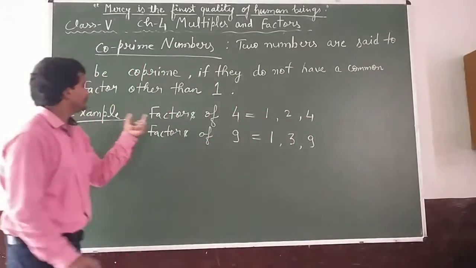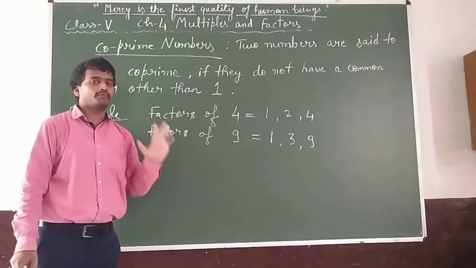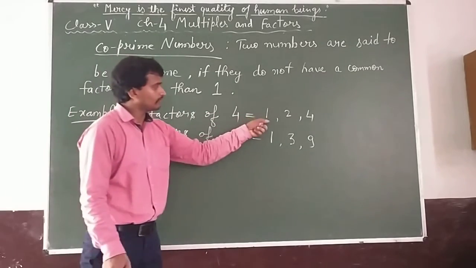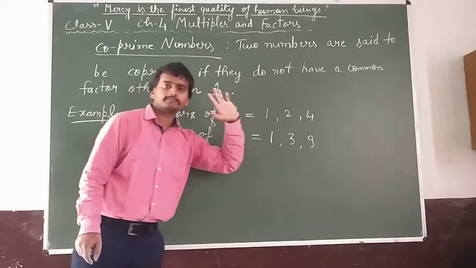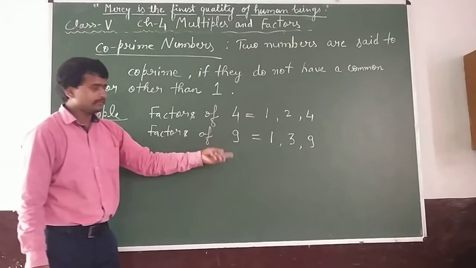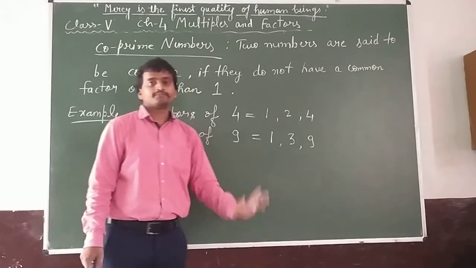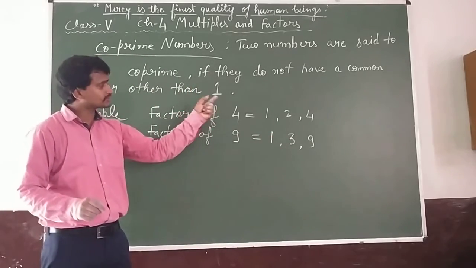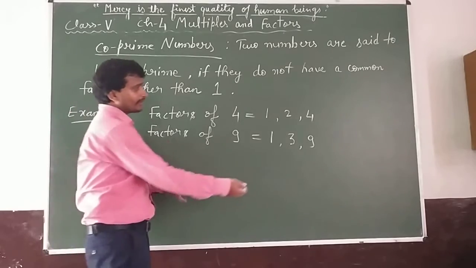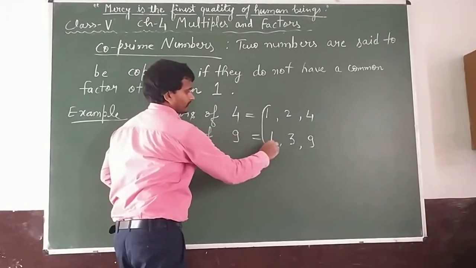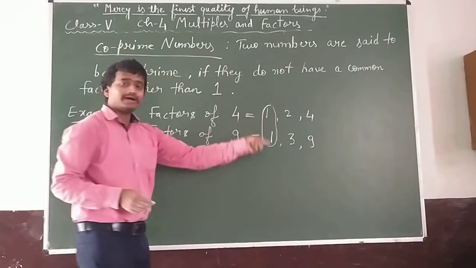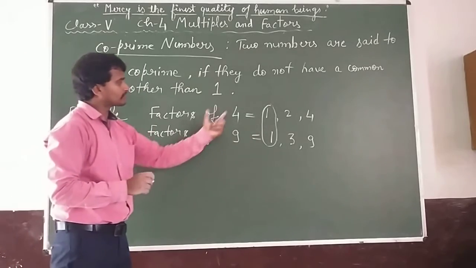For example, factors of 4 are 1, 2 and 4. Factors of 9 are 1, 3 and 9. Now, which factor is common in both? We observe that 1 is a factor which is common in both.